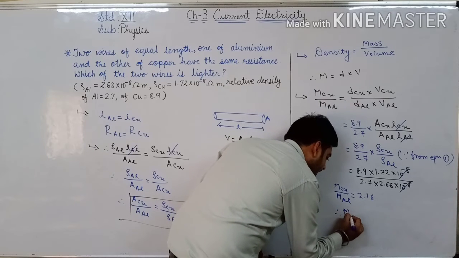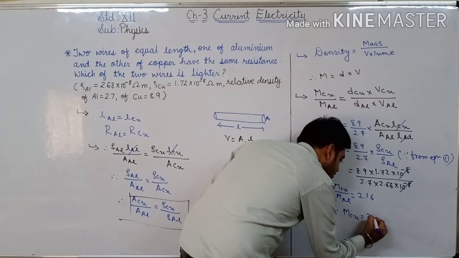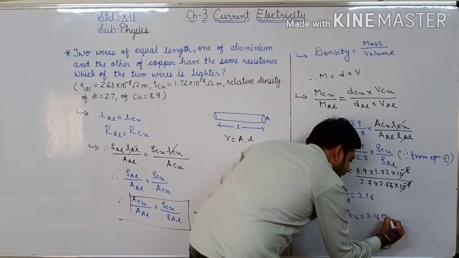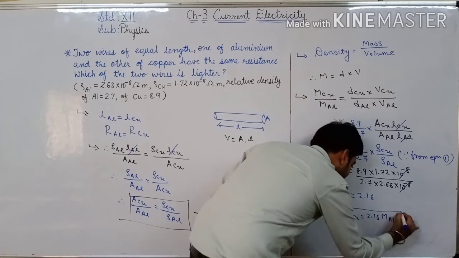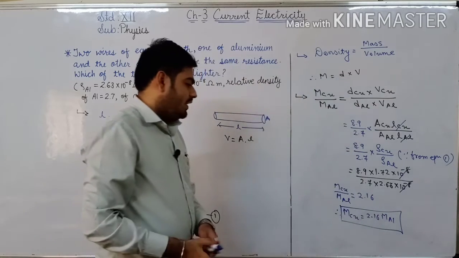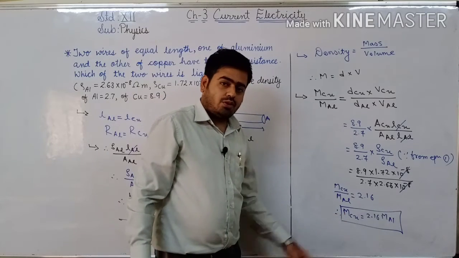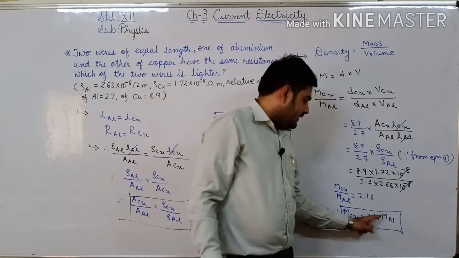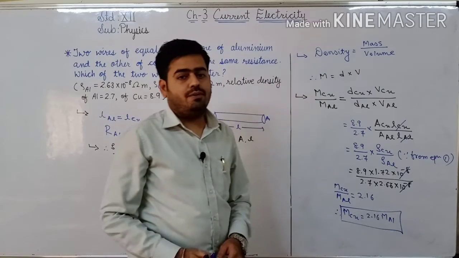Therefore we can say that M_Cu is equal to 2.16 times mass of aluminum wire. It means mass of copper wire is 2.16 times mass of aluminum wire.